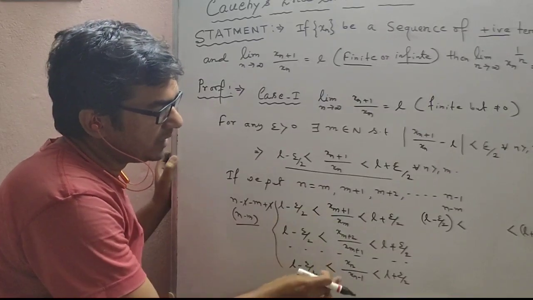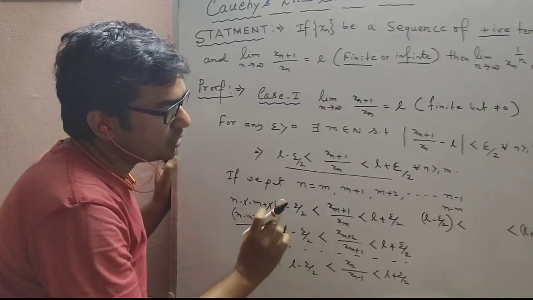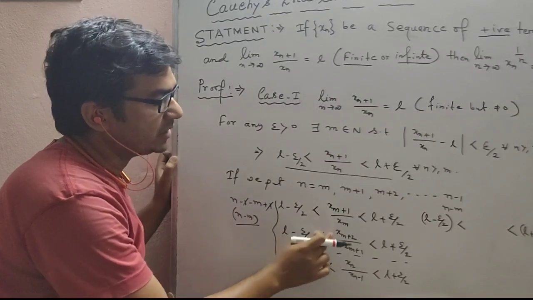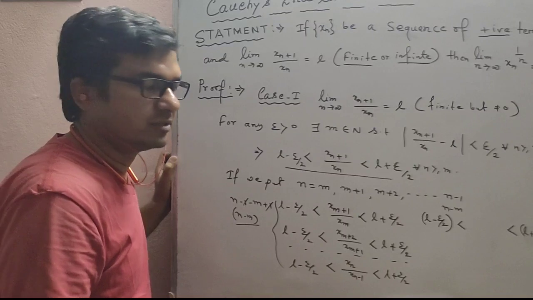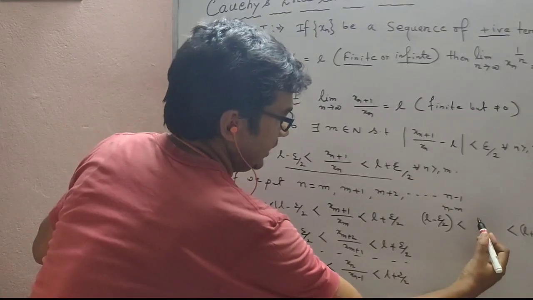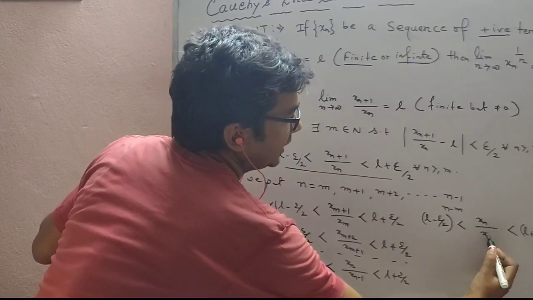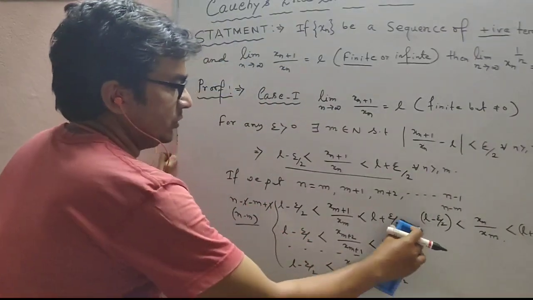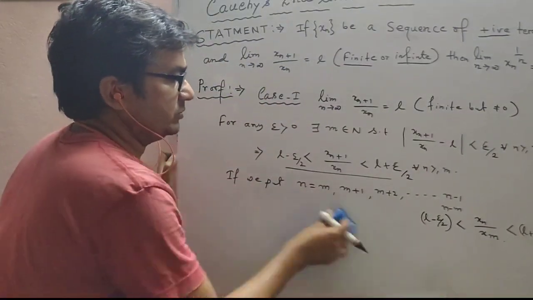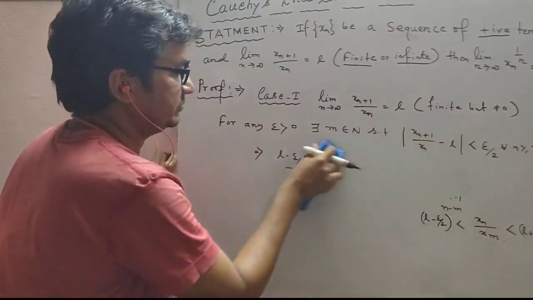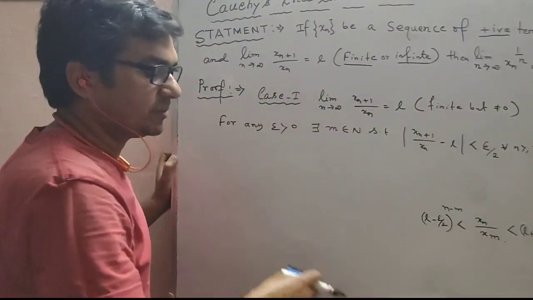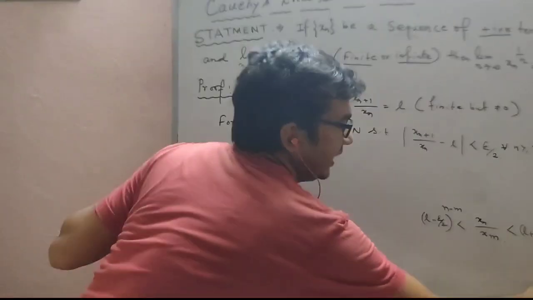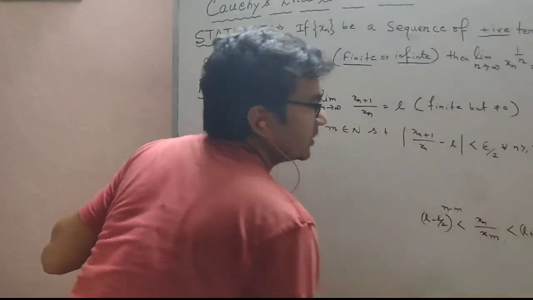When we multiply vertically, only two terms remain, xn by xm, and the other terms cancel. We name this as 1.